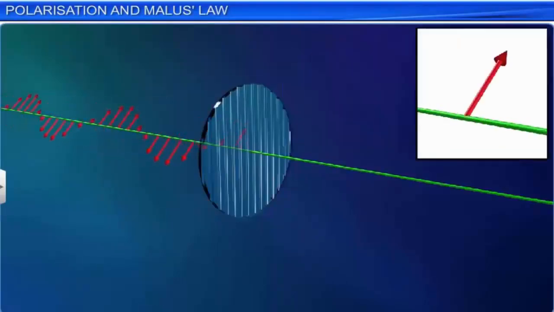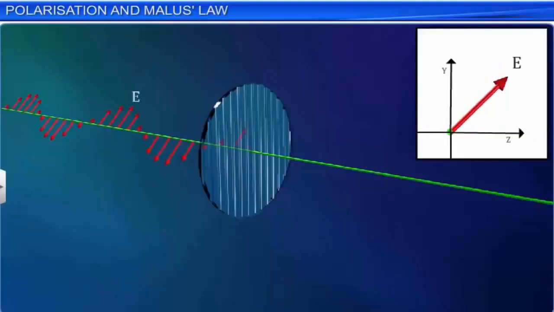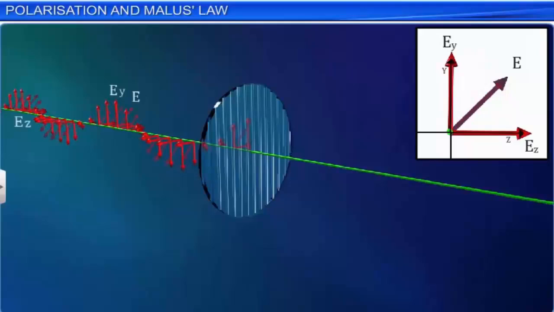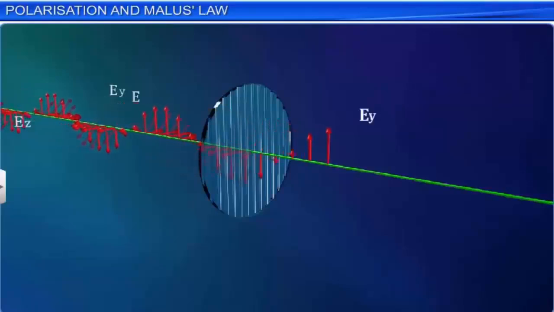The vector E shows the plane of vibration of the light incident on the Polaroid sheet. If EY and EZ are the components of E, such that EY is parallel to the pass axis and EZ is at right angles to it, then only the EY component passes through the Polaroid sheet.